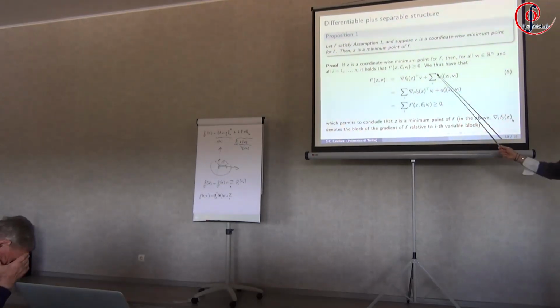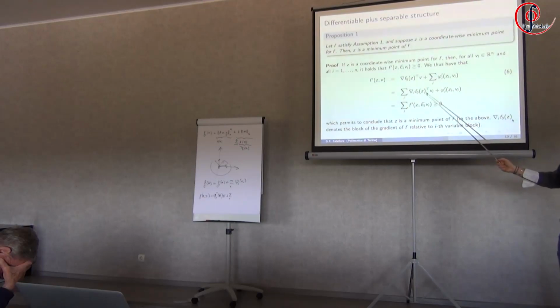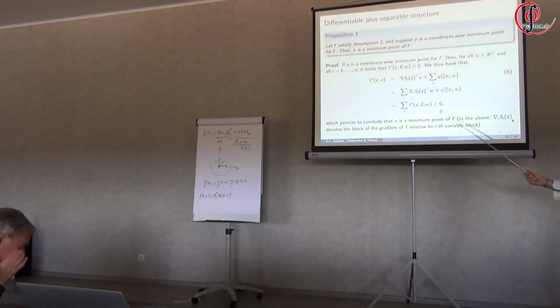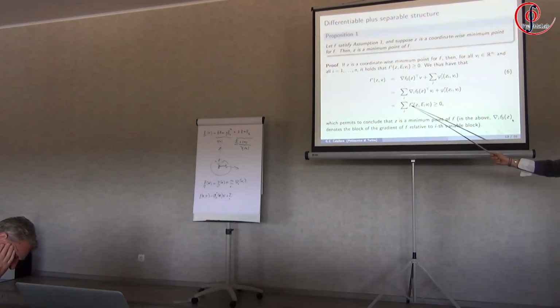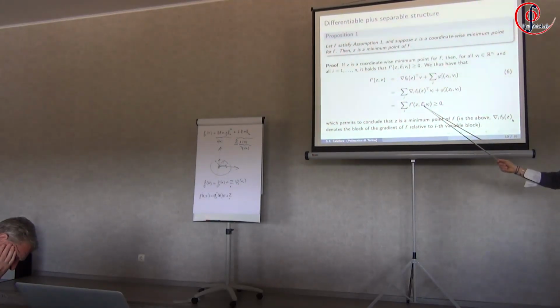So we write this as a summation. We extend the summation here. This is the ith component of the gradient multiplied by vi, which is the ith block in the direction v. So we have this expression here. And what we have here is just the summation over i of the directional derivative of f along the coordinate axis.